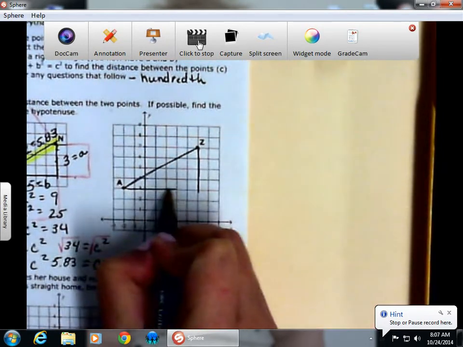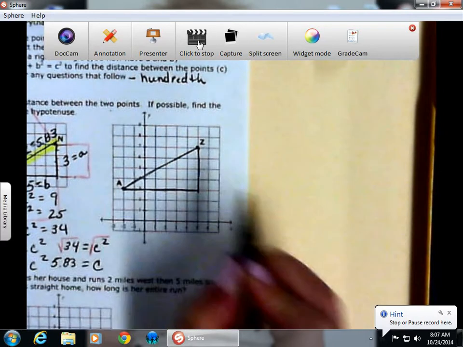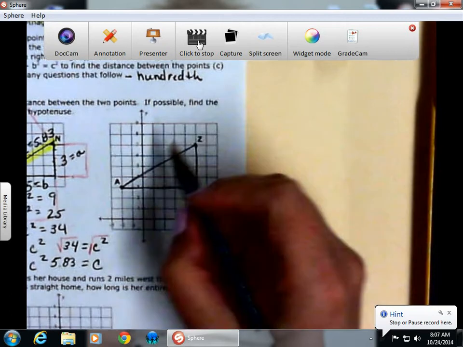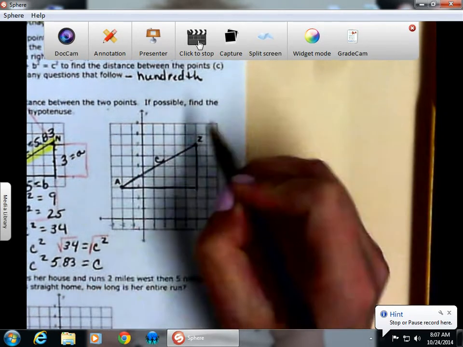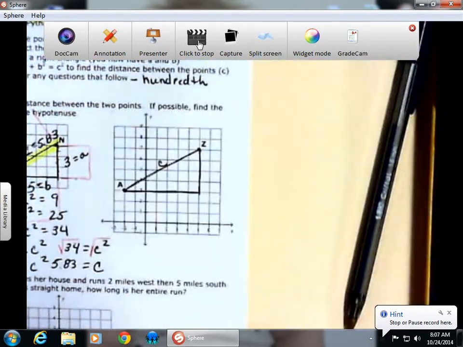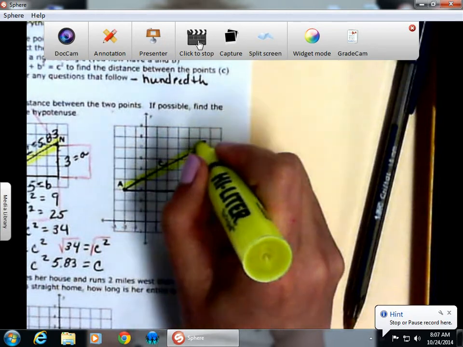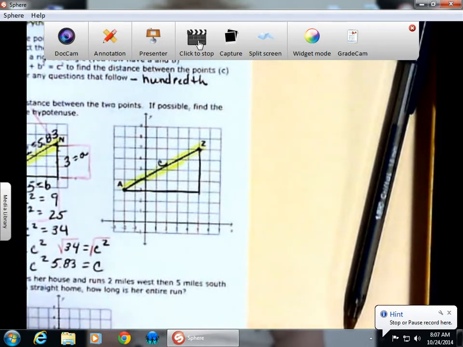Now let's label the triangles. A to Z is the C, or the hypotenuse. Let's make sure that we are using a highlighter, so we say, hey, that's what it is. Then we have our legs, A and B.